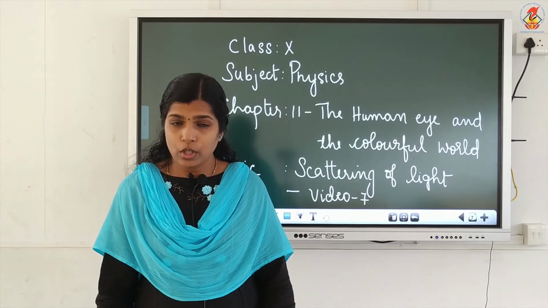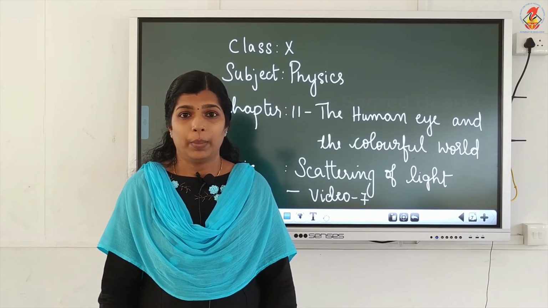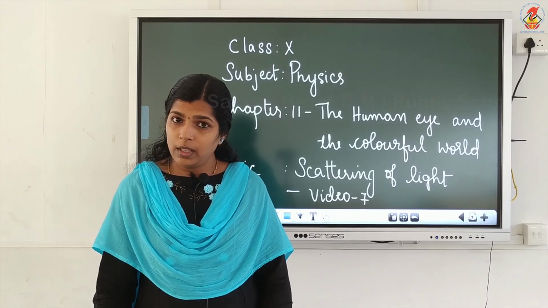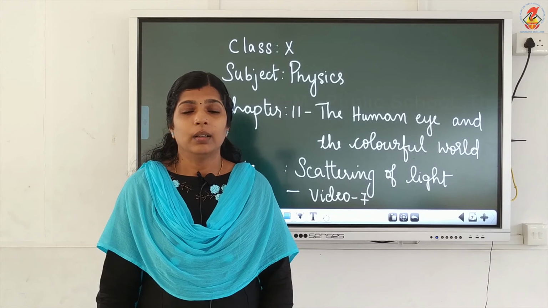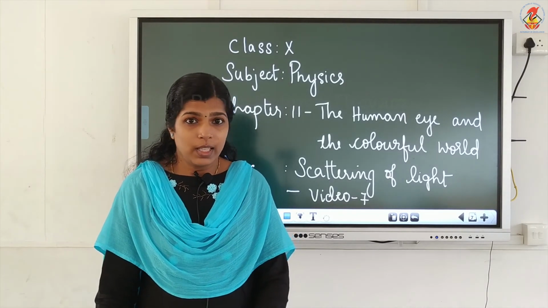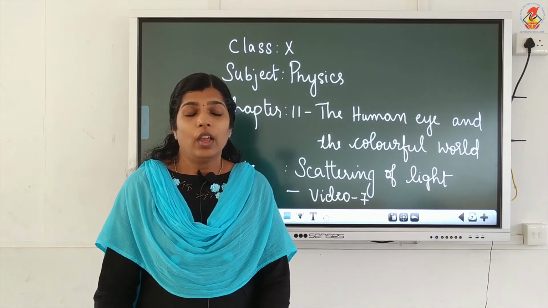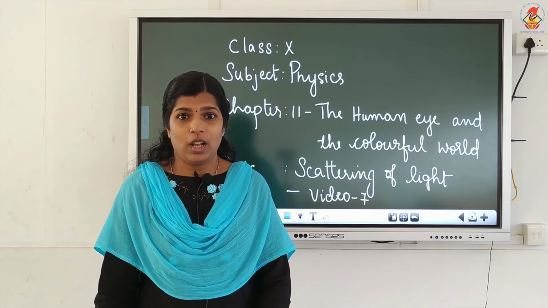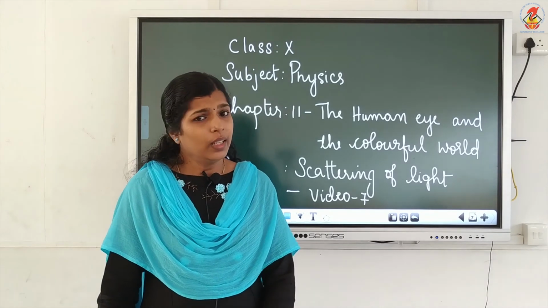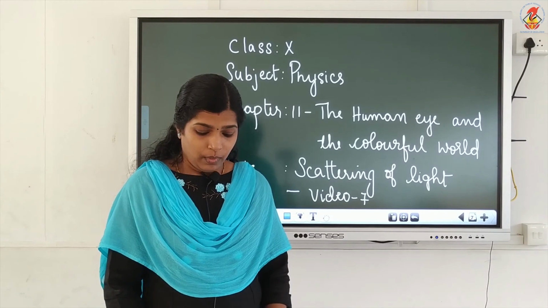Scattering depends on two factors, wavelength of the light and size of the particles. If the size of the particle is very small, it will scatter mainly shorter wavelength region. If the particle size is larger, it will scatter longer wavelength region. If the particle size is very much large, then it will scatter all the light equally and it appears to be white in color.